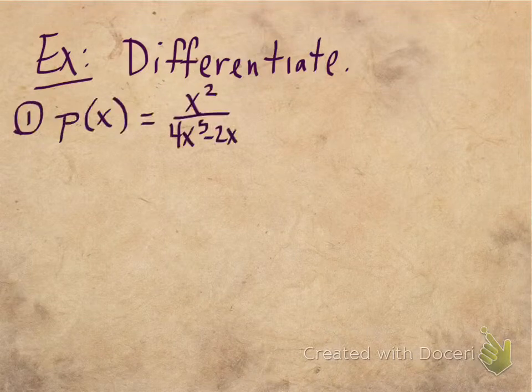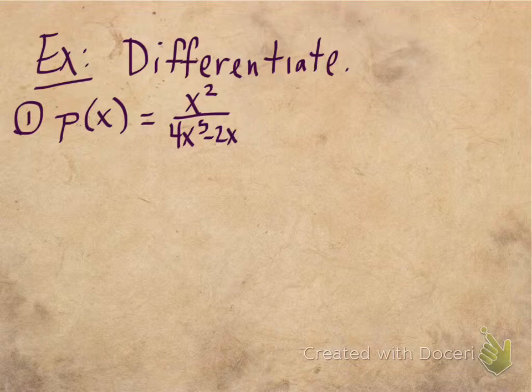Let us differentiate the following function. P of x equals x squared divided by 4x to the fifth minus 2x. So the first thing we need to do is recognize that this is a quotient of two functions. So we will use the quotient rule.